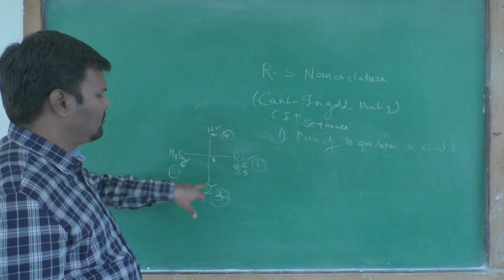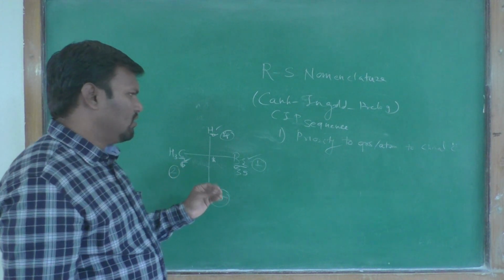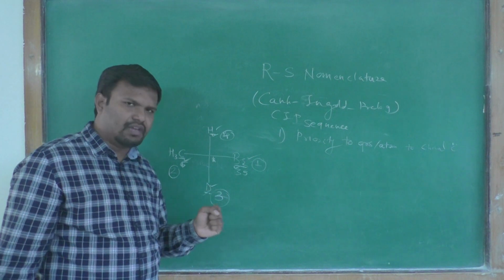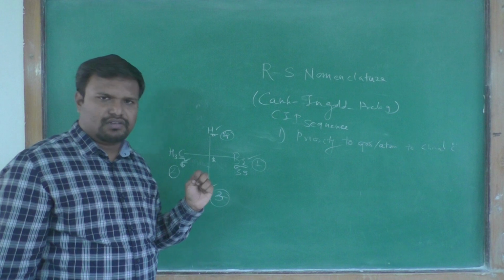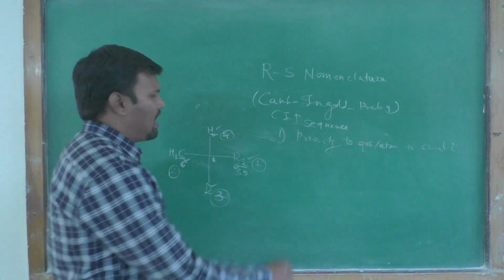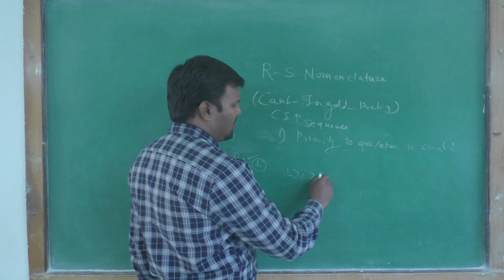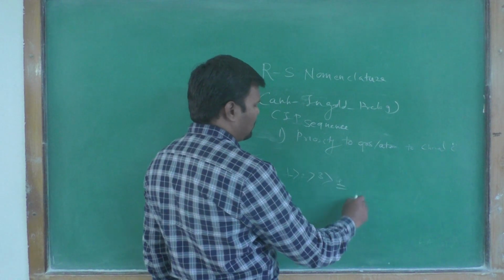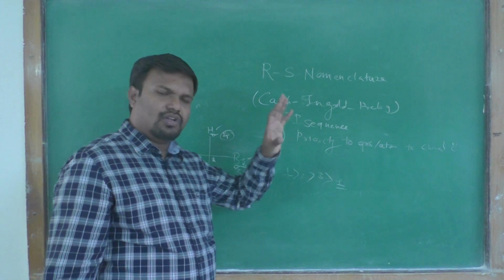In this case deuterium has a higher mass than hydrogen, therefore we give the higher priority to deuterium than hydrogen. Priority 1 is the highest priority, and 4 is the lowest priority.